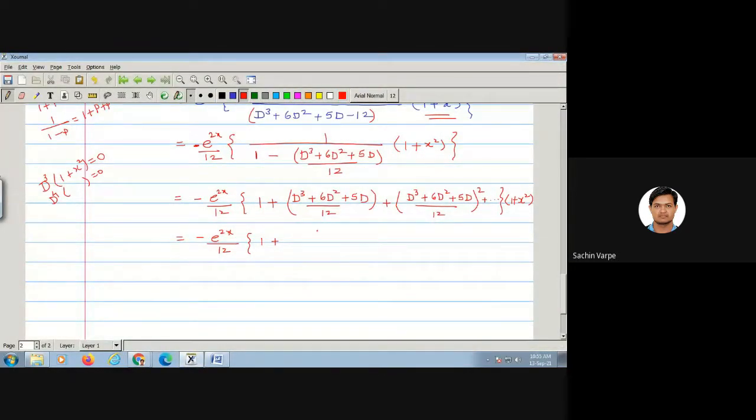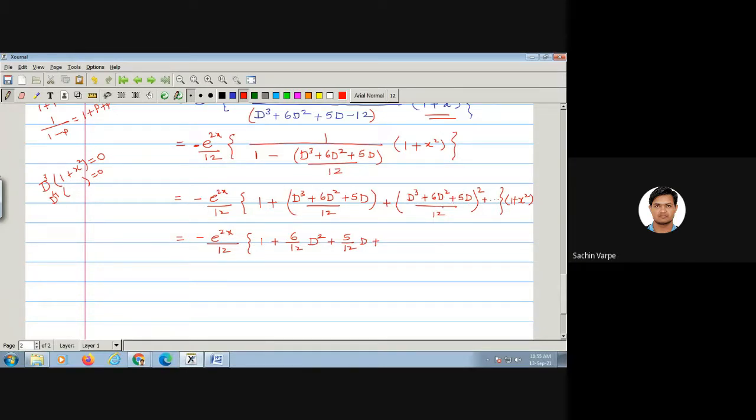So d cube is a zero term, and d square is a non-zero term. So I'm writing here 6 by 12 d square, then 5 by 12 d plus. What is the non-zero term from this expansion?